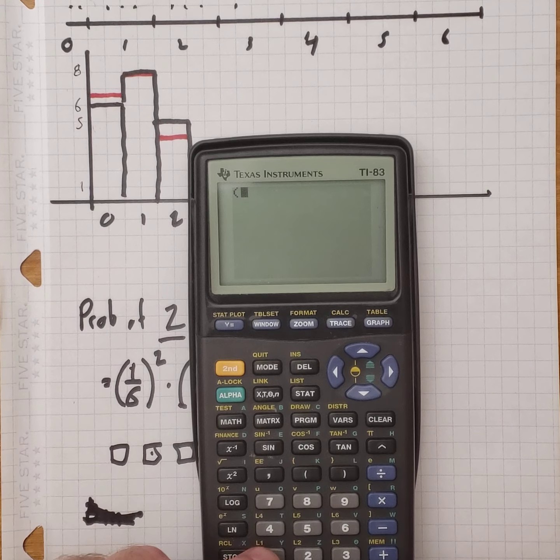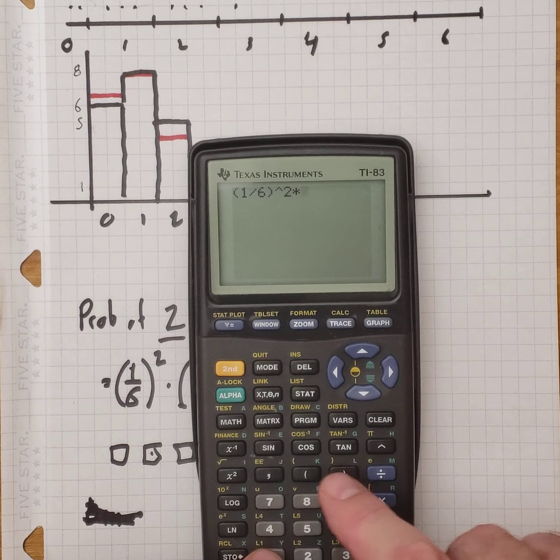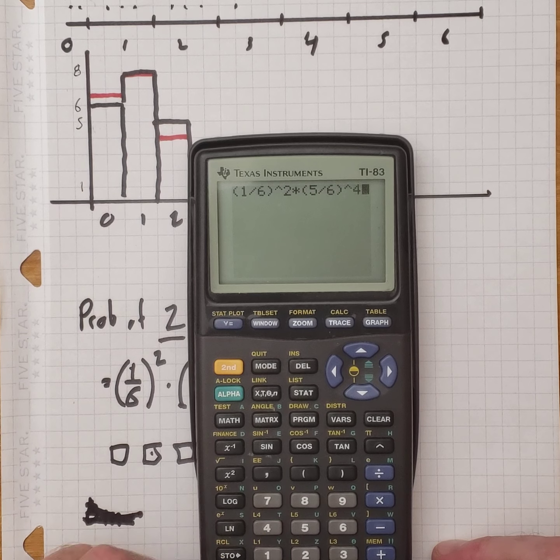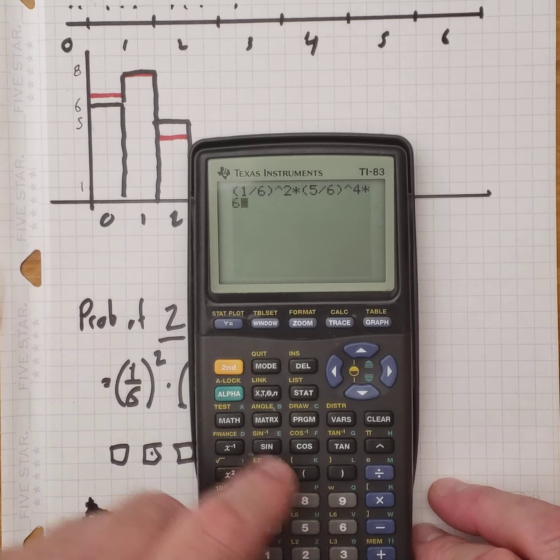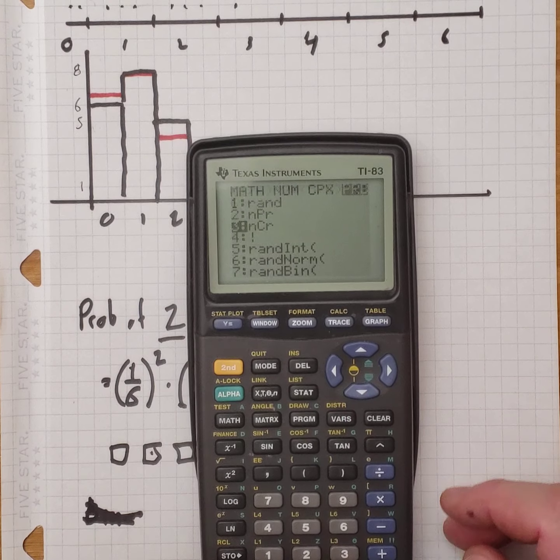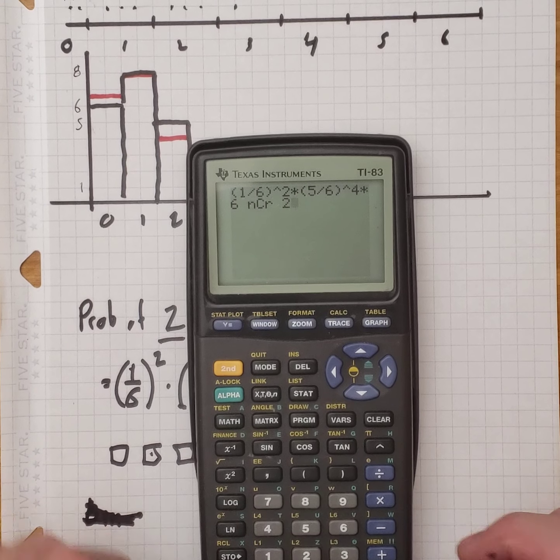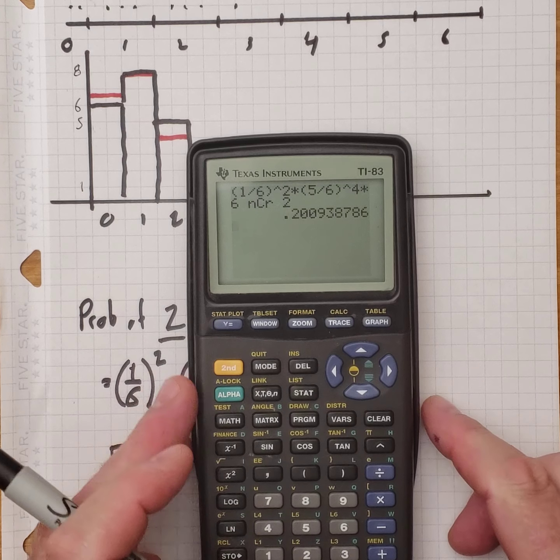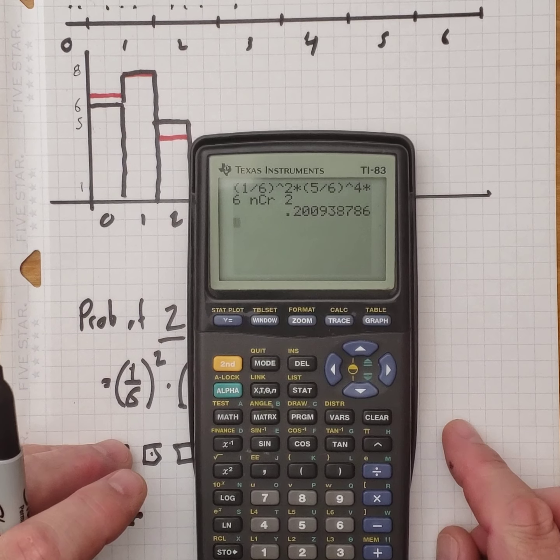We've got 1 divided by 6 to the 2nd power times 5 divided by 6 to the 4th power, and then we're multiplying that times 6, and where do we get that from? Math, probability, 6C2. You'll come out the same if I said 6C4, and that would be 0.2.